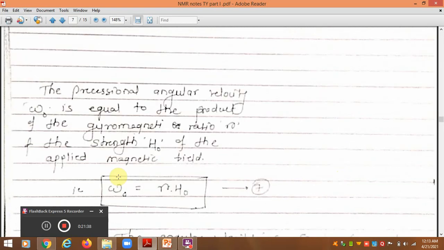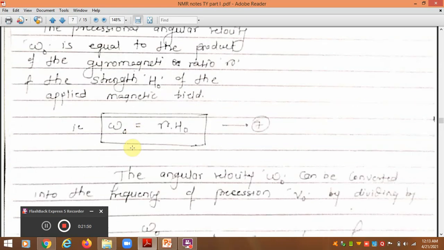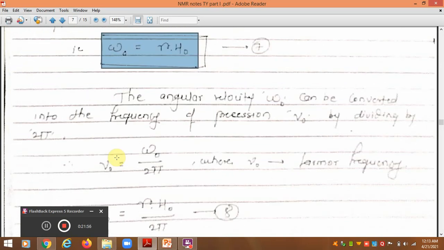The precessional angular velocity of such nuclei, omega 0, is equal to the product of the gyromagnetic ratio and the applied strength of the magnetic field H0. Omega 0 is equal to gamma into H0, and this angular velocity omega 0 can be converted to the frequency of precession nu 0 by dividing it by 2 pi.